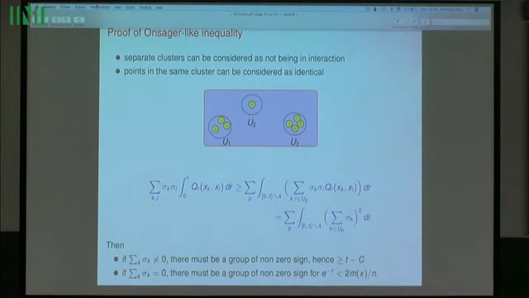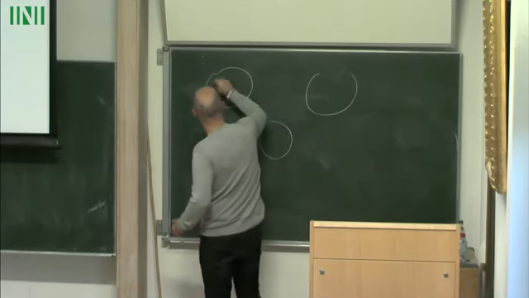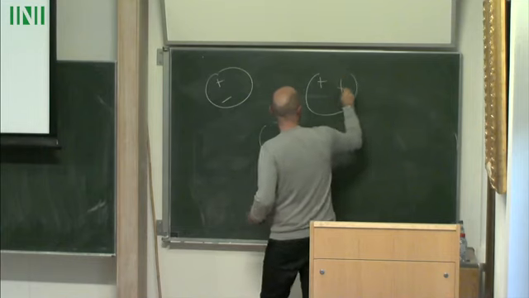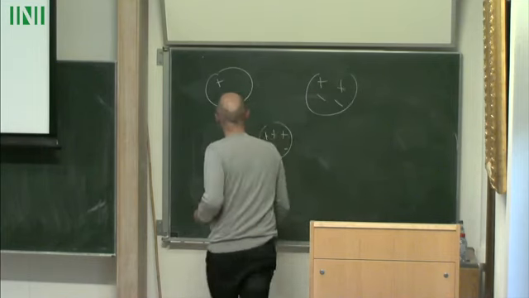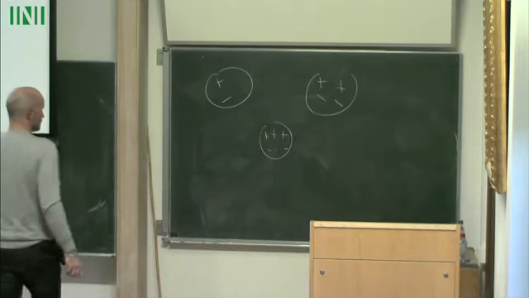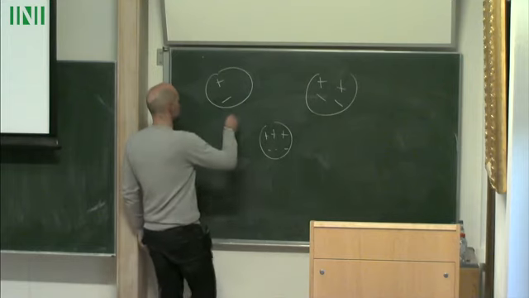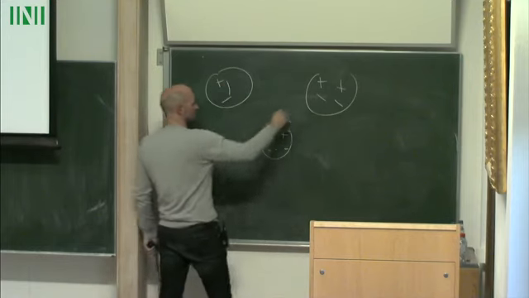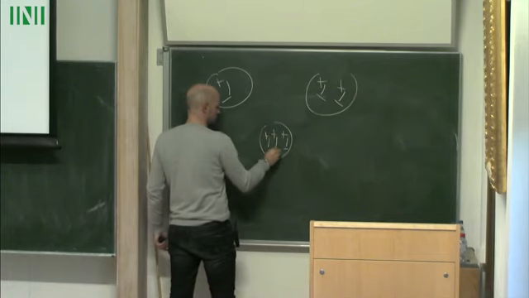So if this is true, you have your clusters. You have here, say, 2 particles. Assume that your configuration is like that. So the sum in each cluster is 0, so you can have a pairing here. You can pair these 2 particles here. Here you can pair these particles here.